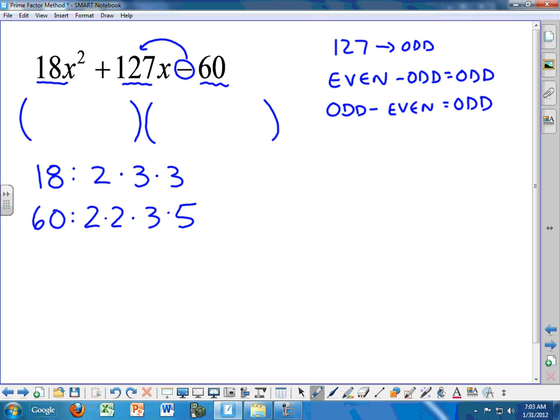So if I'm going to generate a 127, then my two groups, the groups over in the bottom here, I'm going to have to make sure that all of my 2's are in the same grouping. In other words, I can't break them apart, because if I break them apart, my products will be even and even, and that would produce an even middle term.